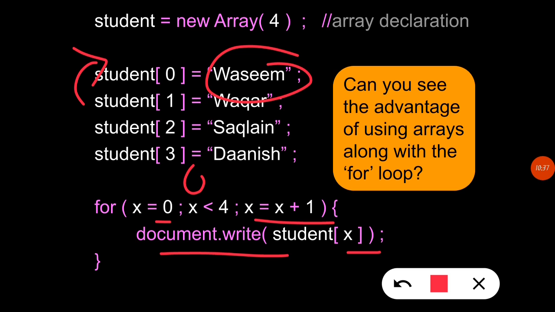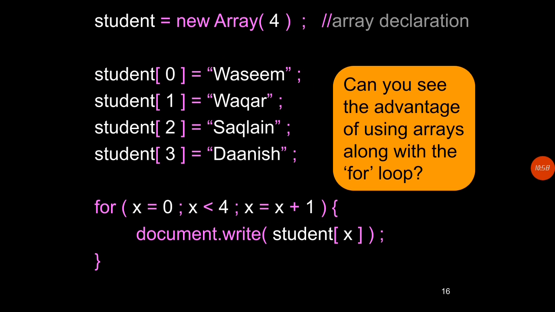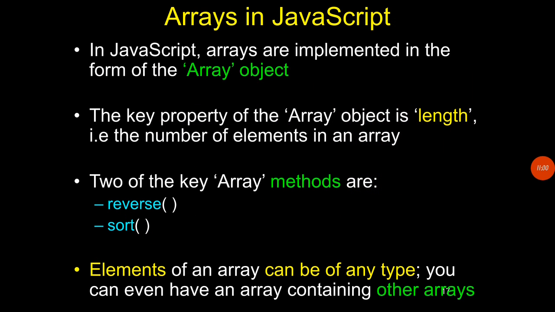So x is now 1, 1 is less than 4, yes, increment the value of x, x becomes 2, and print the value of student of x, that is 1, so it will print Vakram. And similarly it will execute until this condition becomes false. When x is equal to 4, the condition becomes false, and the control will come out of the loop. So this is the advantage of using a for loop with arrays.